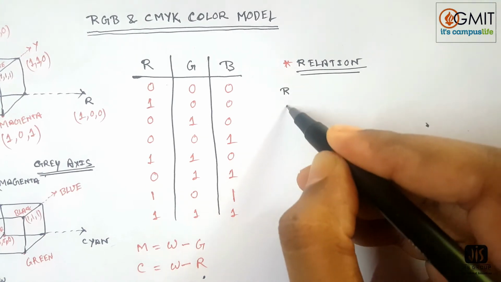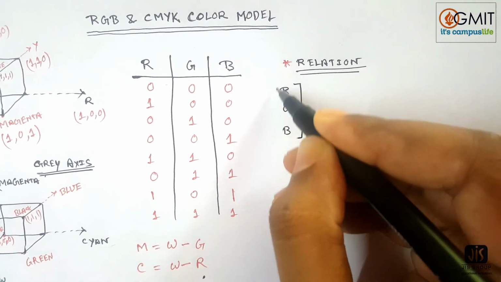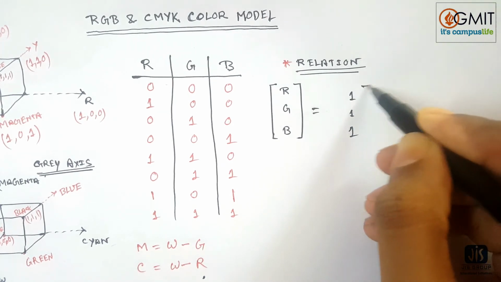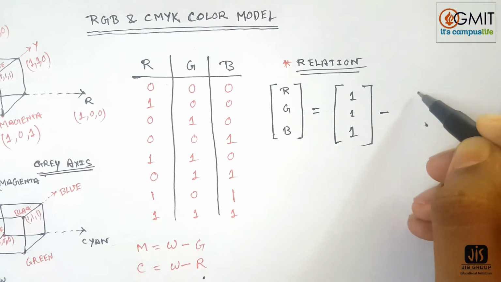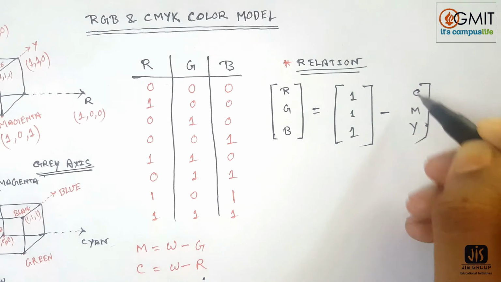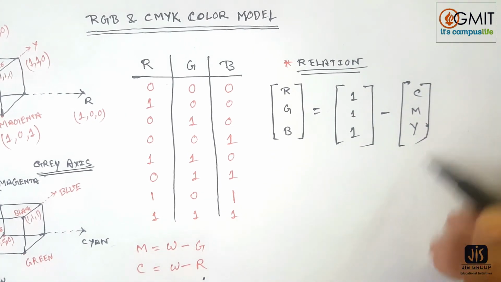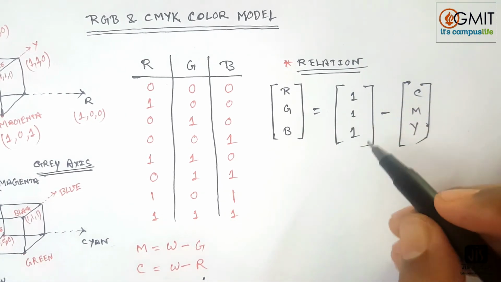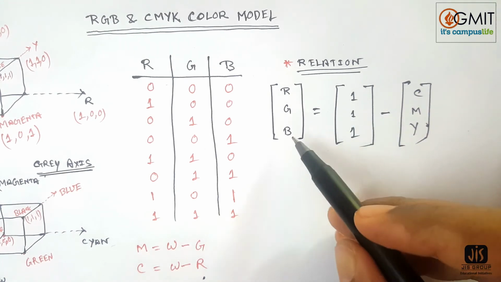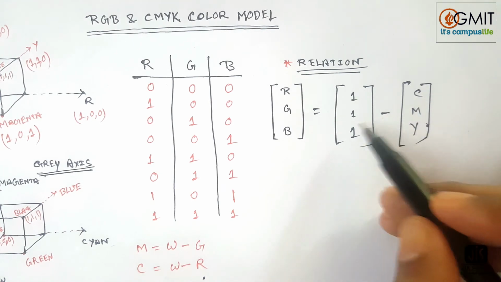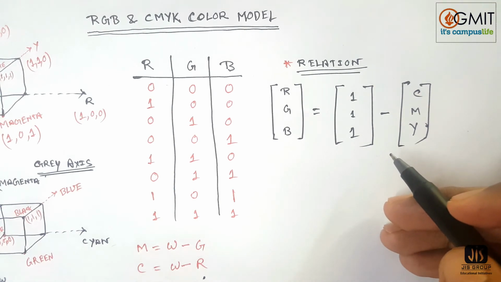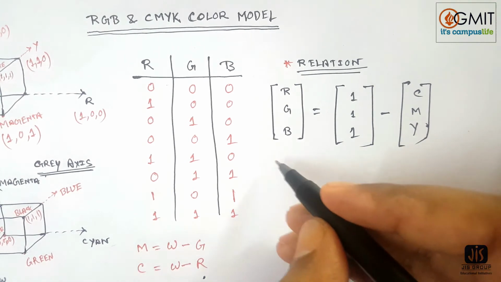RGB color model is equal to actually nothing but 1 1 1 minus CMY. So this is the main difference. This is very important. What is the relation between RGB and CMYK? To get RGB, we have to subtract CMY from 1 1 1. Clear? Now come to the difference between these two color models.